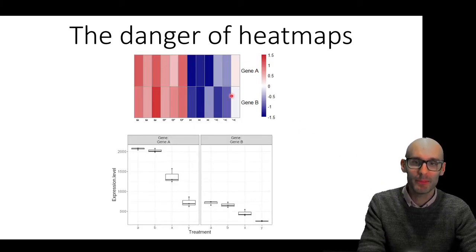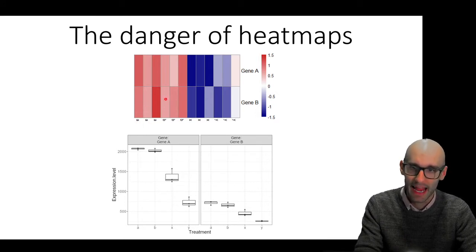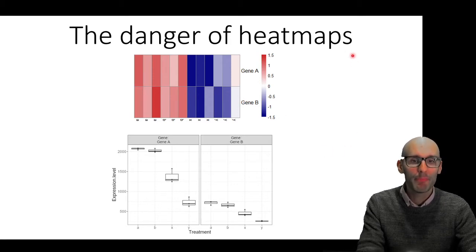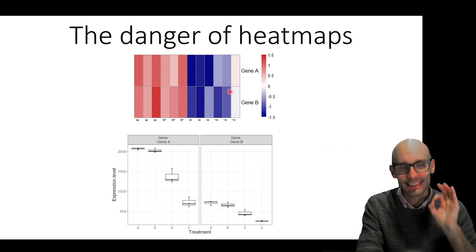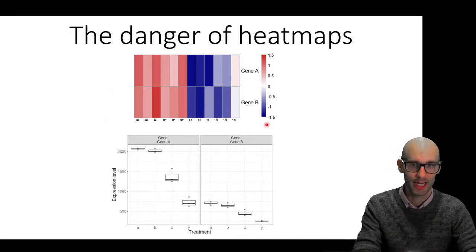But if we look at a heat map, and this is a real heat map of that data, each of these are replicates, so A, B, B, B, X, X, X, Y, Y, Y. And because heat maps are scaled, and they're often scaled within row, right?